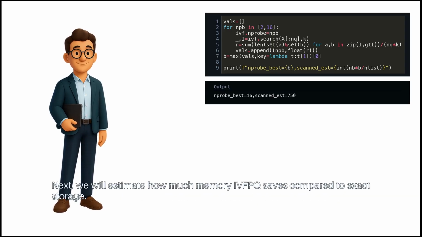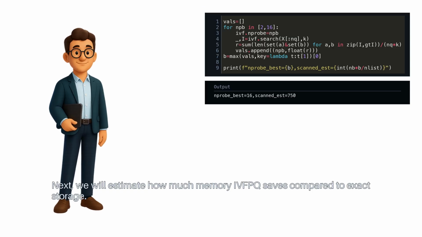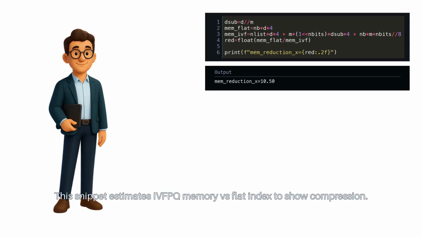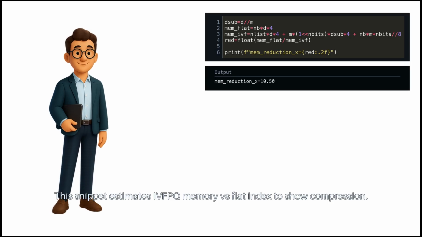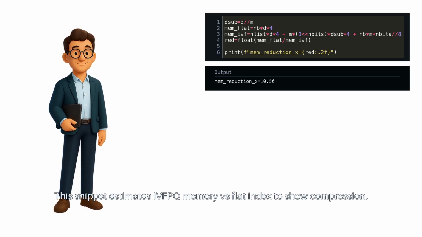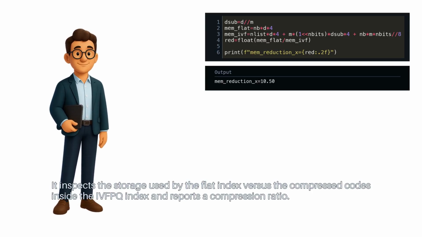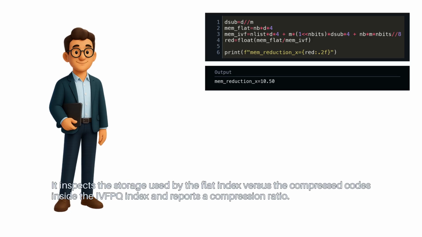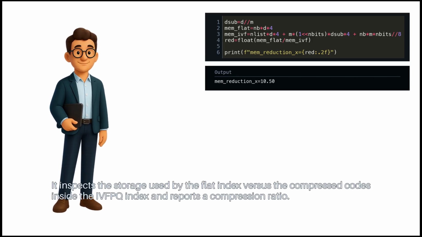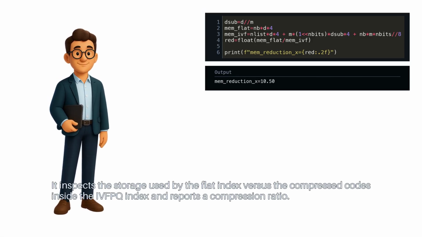Next, we will estimate how much memory IVFPQ saves compared to exact storage. This snippet estimates IVFPQ memory versus flat index to show compression. It inspects the storage used by the flat index versus the compressed codes inside the IVFPQ index and reports a compression ratio.